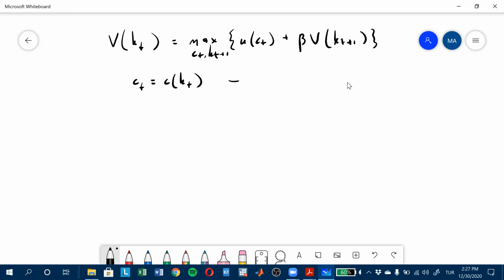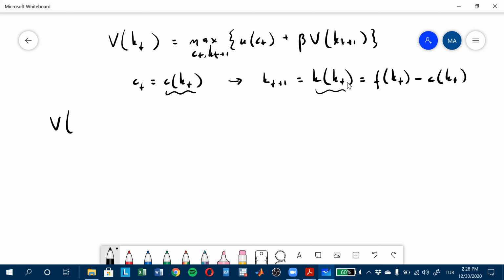And then your constraint written as an equation, because we know that utility will be increasing, so all the resources are used in any given period. So you can write KT plus 1 as F(KT) minus C(KT). Just for one moment, suppose that you know that.